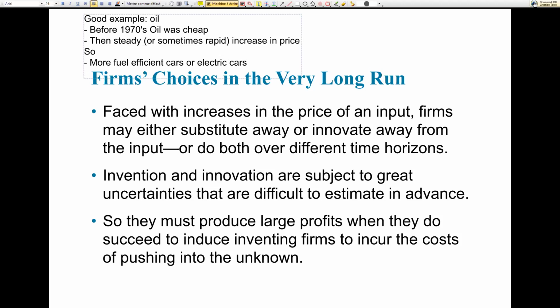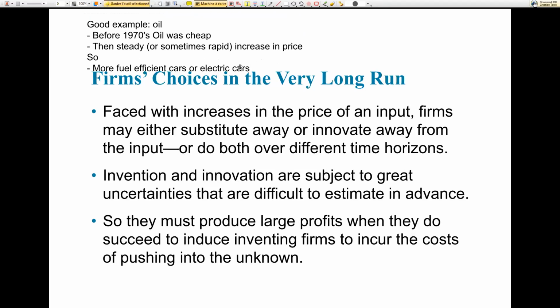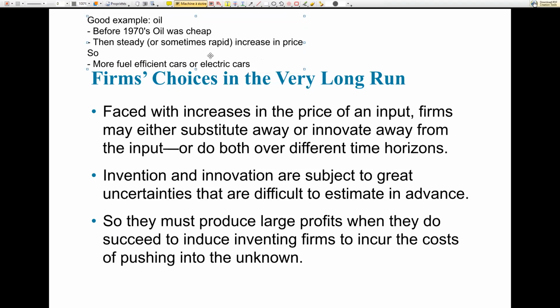So electric cars would never make sense if oil was very, very cheap. They start making sense when it costs $1.50 at the pump to put gas in your car.